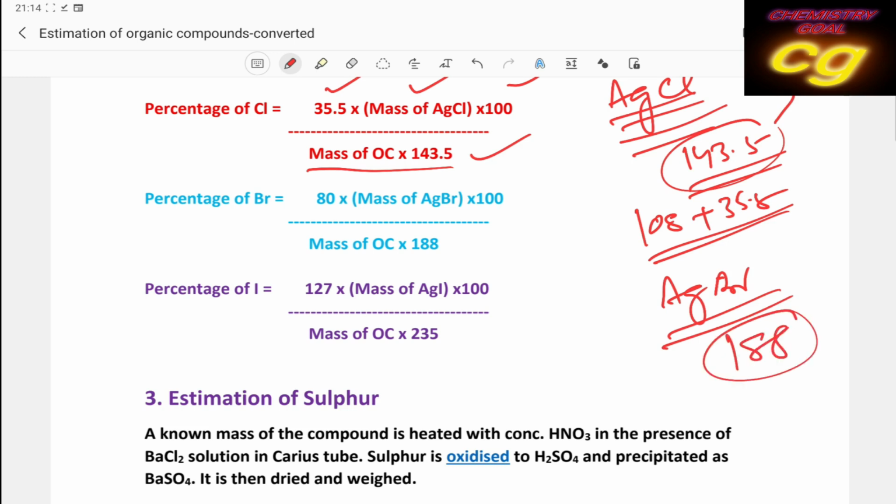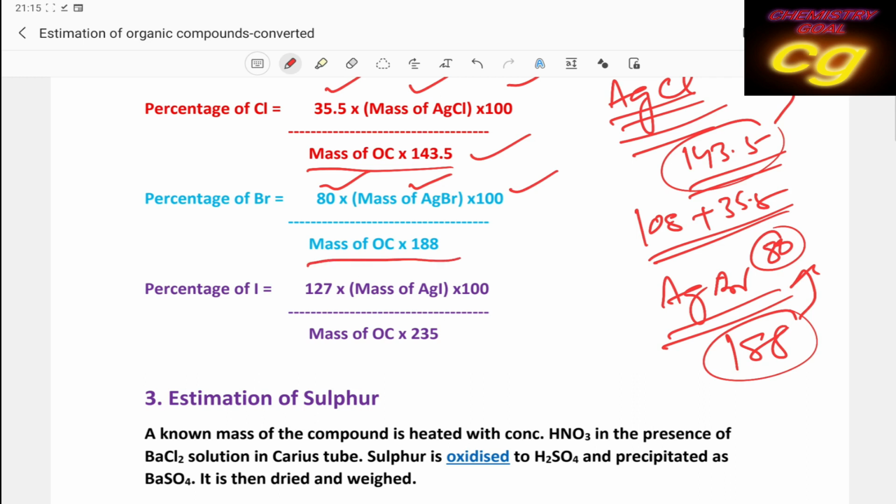The molar mass is 188 and bromine Br is 80. So 188 contains 80 gram bromine. So same formula: 80, that is the atomic mass of bromine, into mass of AgBr produced, into 100, then mass of organic compound into 188.